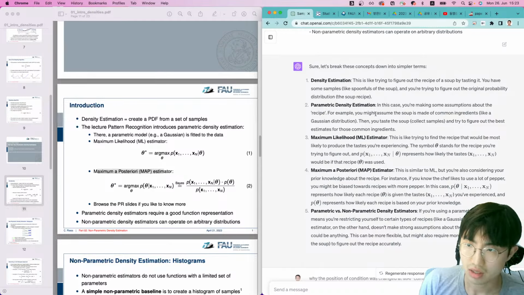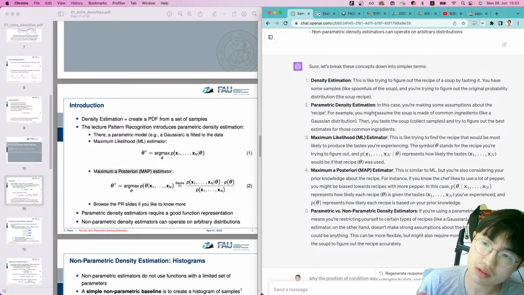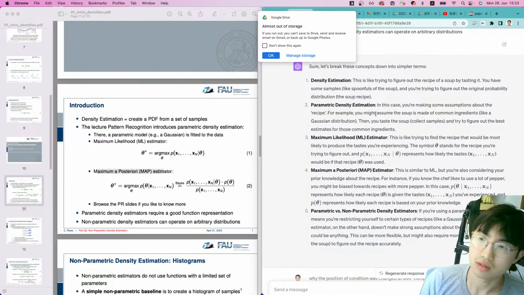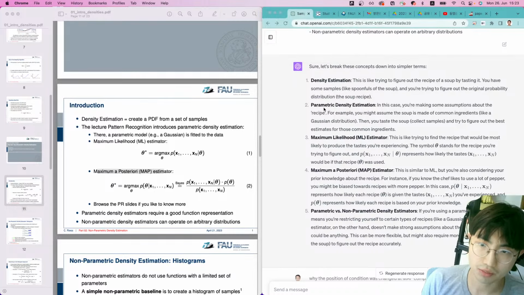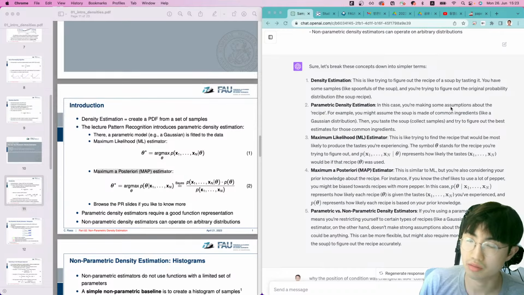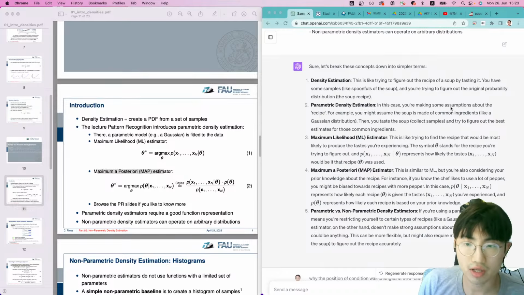Actually it is impossible to find the real original probability, but we want to approximate it with our zeta. In parametric density estimation, you are making some assumption about the recipe. Let's think about our recipe as linear and quadratic, or we can use random forest, something like that.